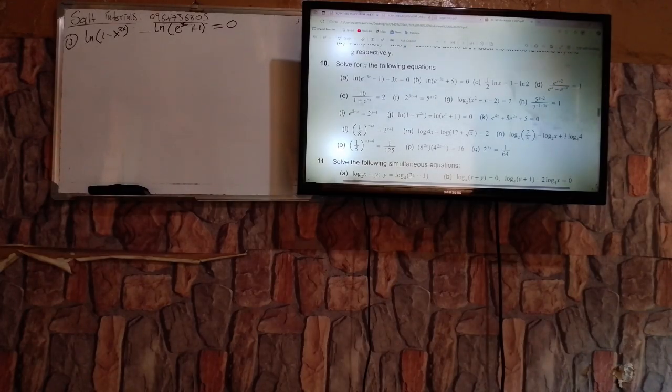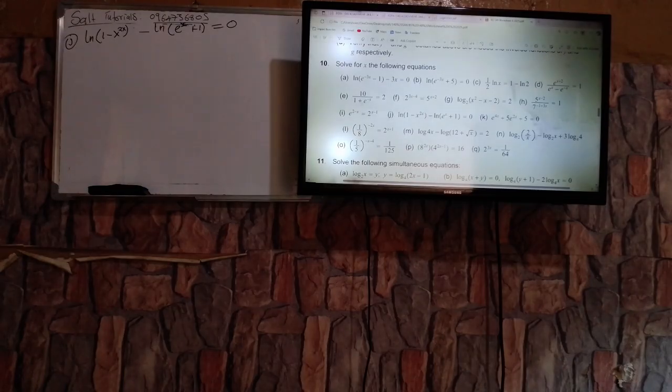So we have the natural log of 1 minus x power 2x minus natural log of e power x plus 1. What are we simply saying?